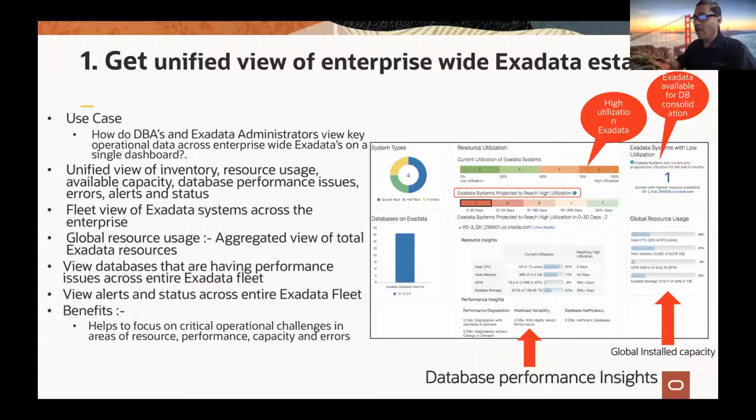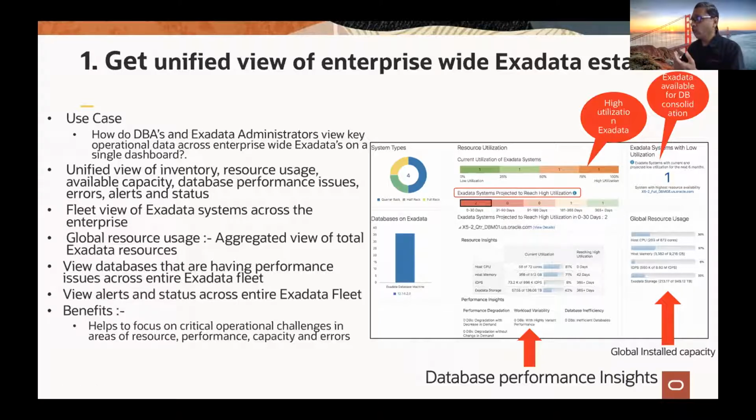So what we provide as an app is the global resource usage, any databases that are degrading in performance, the inventory of databases and the databases on Exadata.